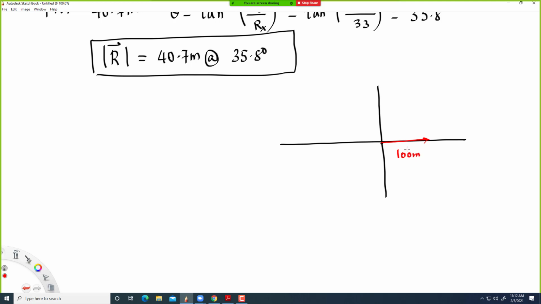Okay, and then from there it flies 200 meters northwest, 45 degrees north of west. So it flies to the west like that at 45 degrees to the west.